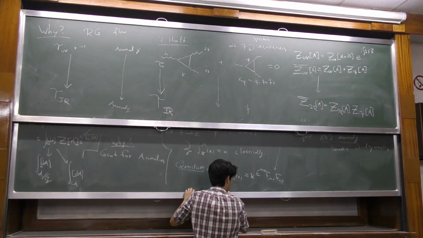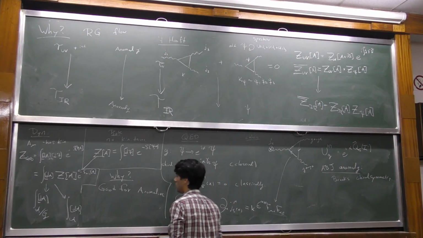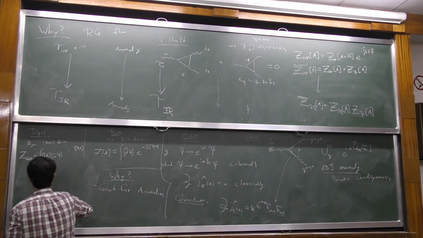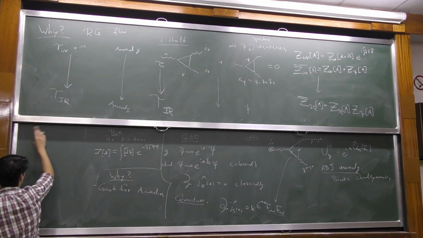But I think it's also useful to have a new argument. And it comes from what's called anomaly inflow.